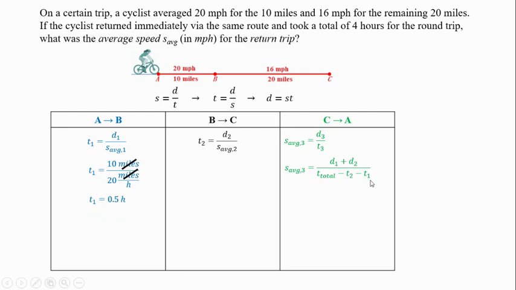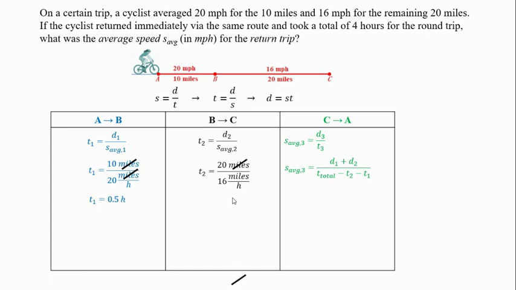Okay. So pretty much the only thing missing from here is T2 in the last column. But the information for T2 can be calculated simply by using the information from B to C. So T2 is simply D2 divided by average speed for the second leg, which is given to us. So the distance is 20 miles, and then the average rate is given to us as 60 miles per hour in the statement, in the wording.